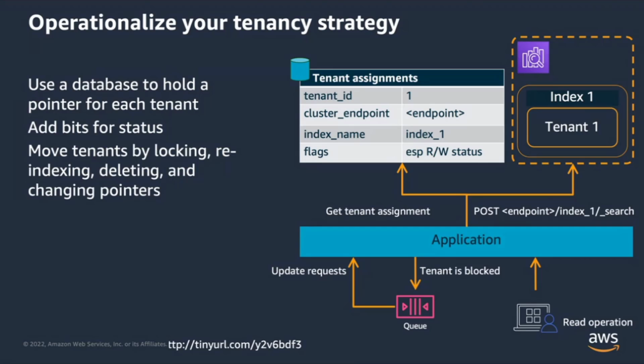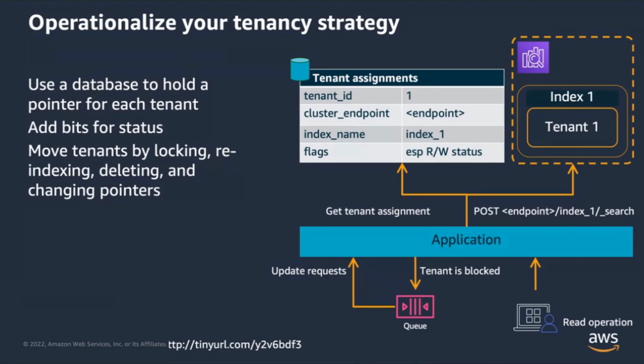The flags are really important because if you add a read-write flag there, then you can actually block writes to that tenant. While writes are blocked, you can then pick that tenant up and reindex their data. You can reindex that data to a completely different location, different cluster, different index, and switch the pointer before enabling write again.